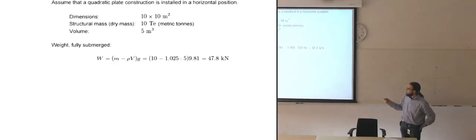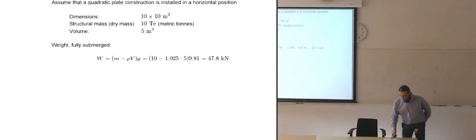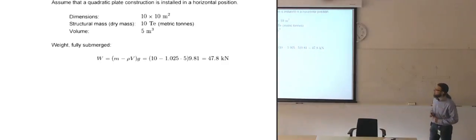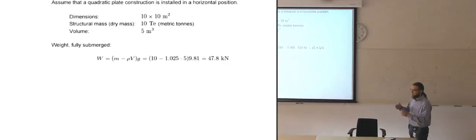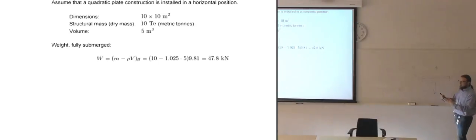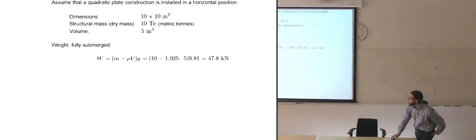The density of seawater is 1.025. So if you remember with the density of water in general, it's 1.0. So regular tap water is 1.0. But seawater has so many minerals and salts in it that it weighs a bit more. So we calculate it as 1.025.